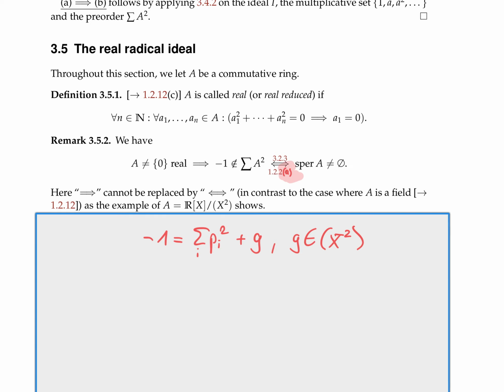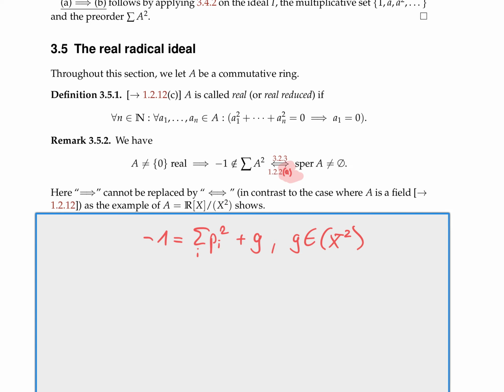So -1 is not the sum of squares, so that would also work if I just take here the ideal generated by x, right? Why did I take the ideal generated by x squared? Because this is not a real ring.